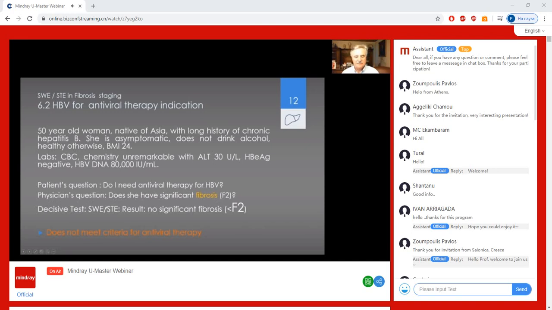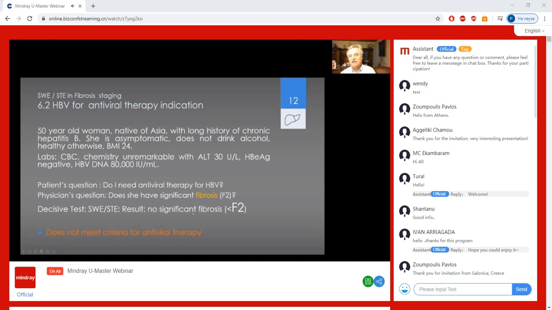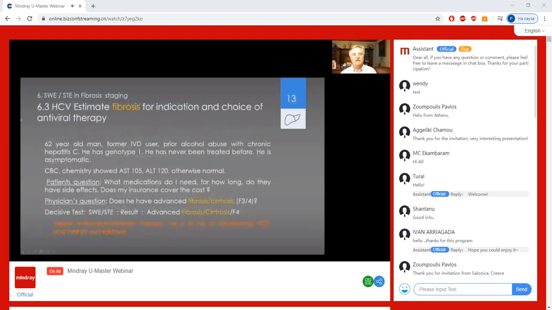The decisive test to do is, of course, shear wave elastography, SWE. And if the result is no significant fibrosis, that means that this patient does not meet the criteria for antiviral therapy.